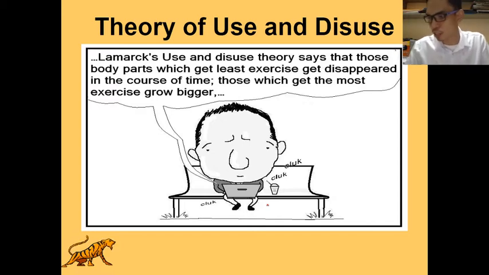In this theory, Lamarck said that the body parts which get the least exercise, meaning if a part is less used, will disappear over time.